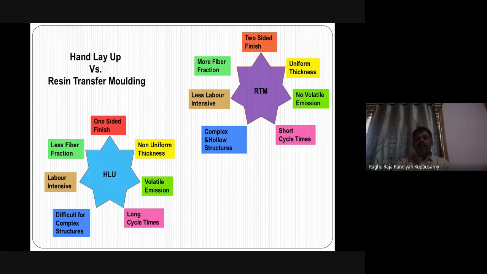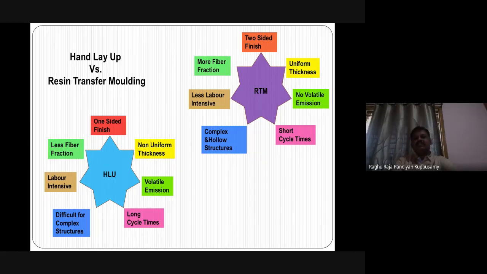It has long cycle times, it is impossible for complex structures, and it is very labor intensive. Very importantly, the mechanical strength of the product depends upon the fiber volume fraction, and you may not get more than 40 to 50% fiber volume fraction with hand layup.